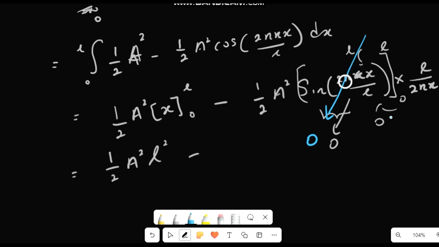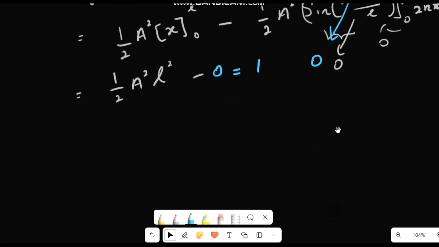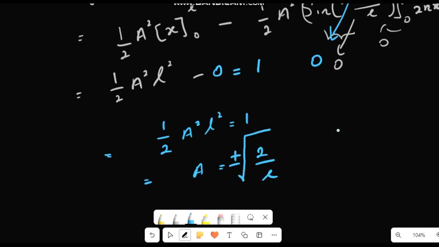So this is just going to be 0, and the result must equal 1. Then we have 1/2 A squared L equals 1. Here I can take the expression for A as plus or minus the square root of 2 over L. For simplicity, we take A as plus the square root of 2 over L.